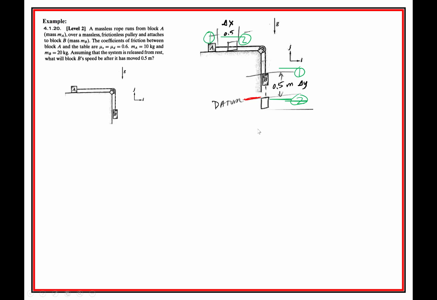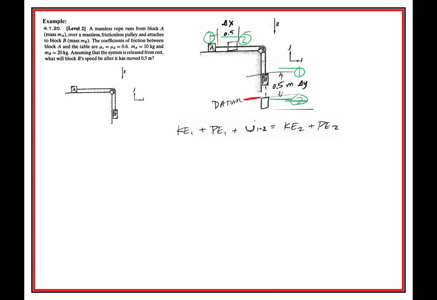Sometimes that could be state 1, sometimes state 2, but it's usually good to use a strategy just to save a couple steps. You could pick some arbitrary place, the only problem is that if you pick it up too high, you might end up with negative potential energy. I like to keep potential energy positive, so I just pick the lowest spot.